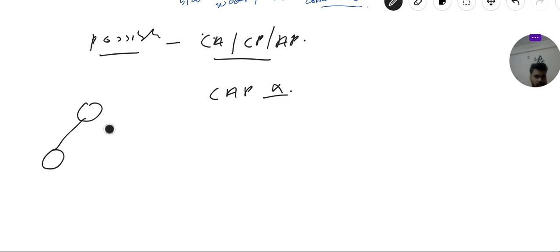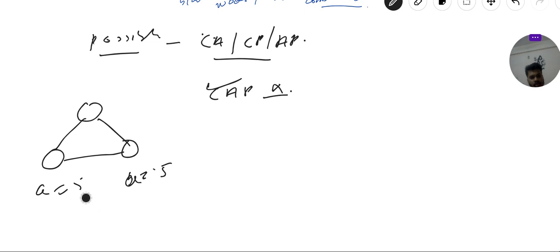So these are our nodes. Let's say this has a value equal to 5. Now, consistency means that all these nodes will have the same value. Now let's see. Look, A equals 6 is done by our application.